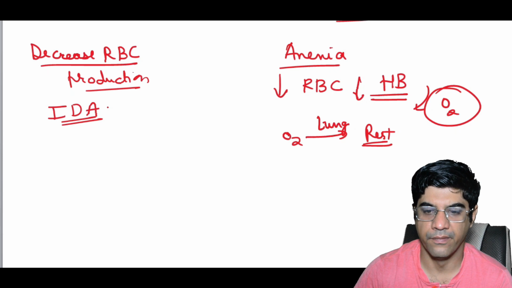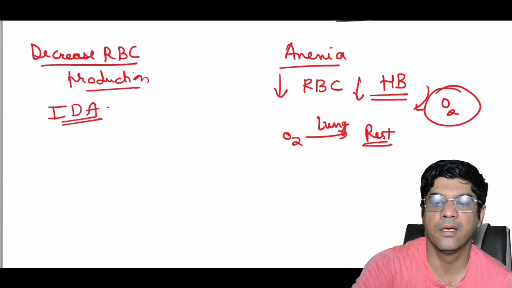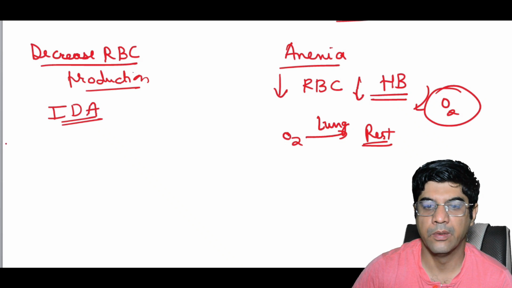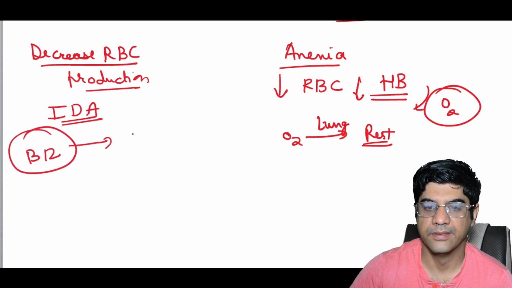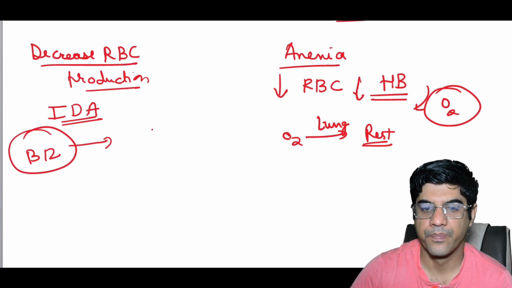There is a group of disorders like sideroblastic anemia that is characterized by ineffective iron uptake by developing RBC. Megaloblastic anemia is due to vitamin B12 deficiency, that is lack of vitamin B12. Lack of folic acid leads to impaired RBC.